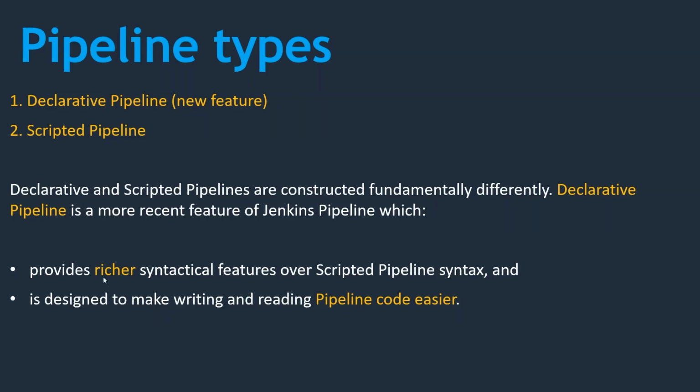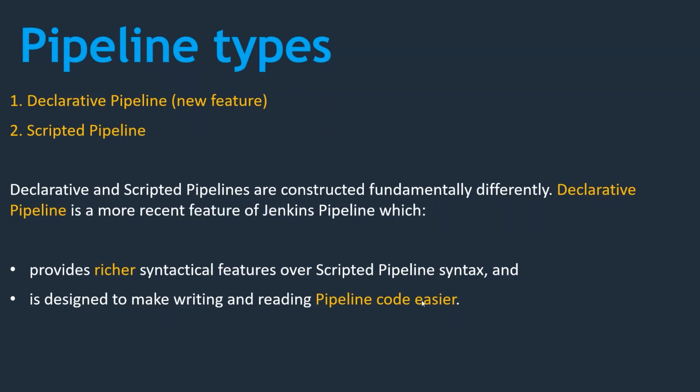Syntax is structured, which helps us to write it easily, and it is designed to make writing and reading pipeline code easier. So comparatively it is quite easy. Declarative pipelines are easier compared to scripted pipelines.